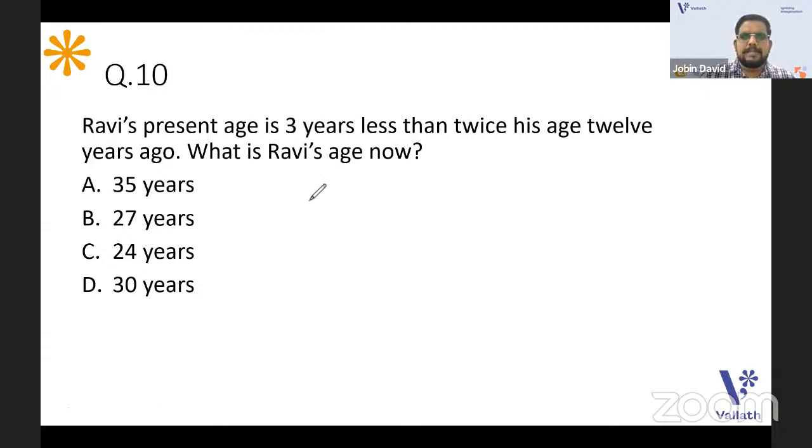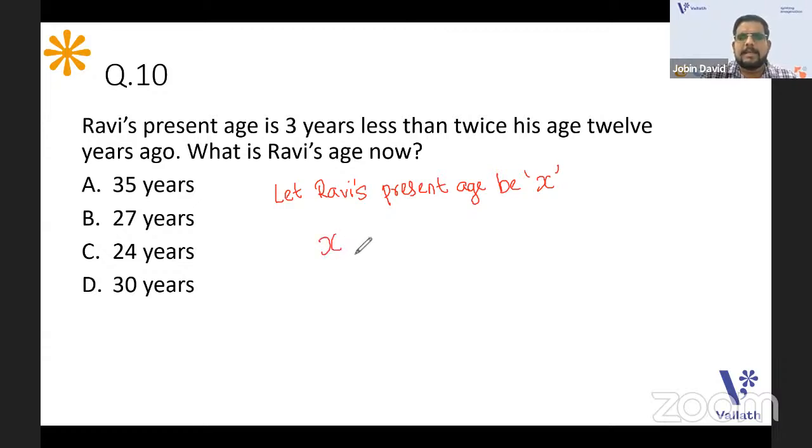Now, let Ravi's present age be X. This is a part where you might find it difficult to frame the equation. Read the sentence and make an equation.